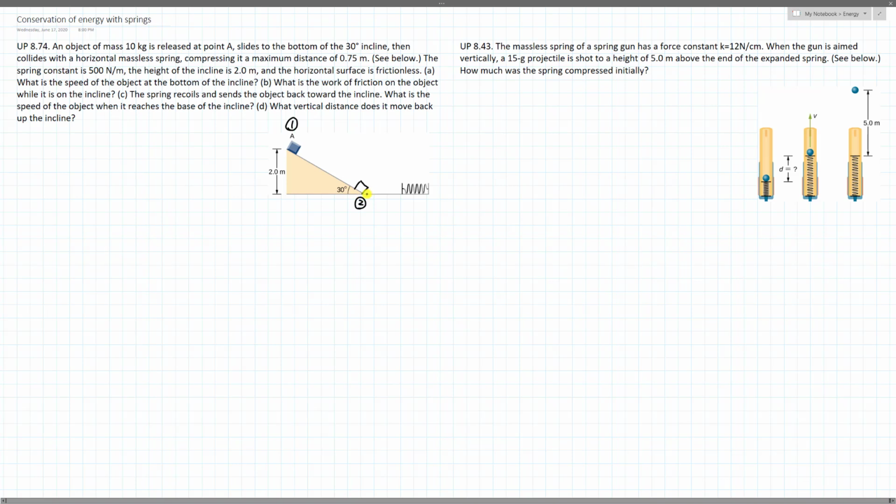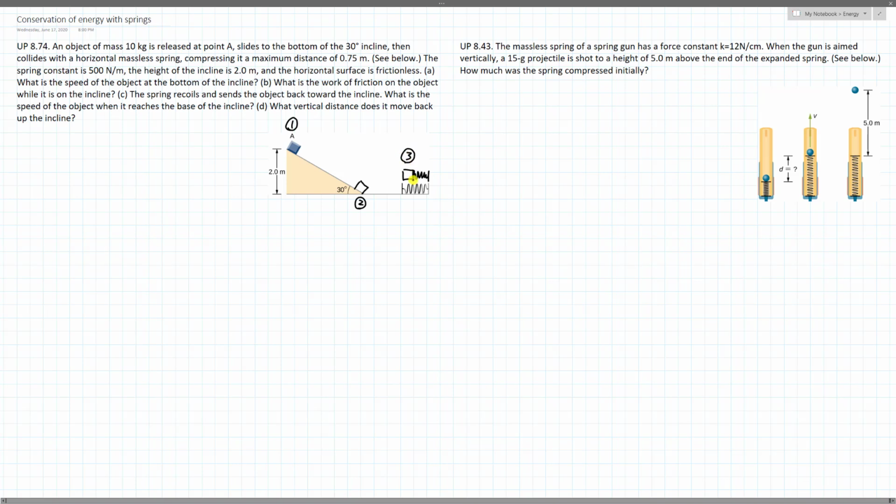There's no more friction, and 3 is, well, you can say that it encountered the spring, but since there's no friction, 2 and 3 will be the same, right? So I would like to say that 3 would be, here's that spring. I didn't really count how many coils, but this is compressed. And the object is at rest. So that will be 3.